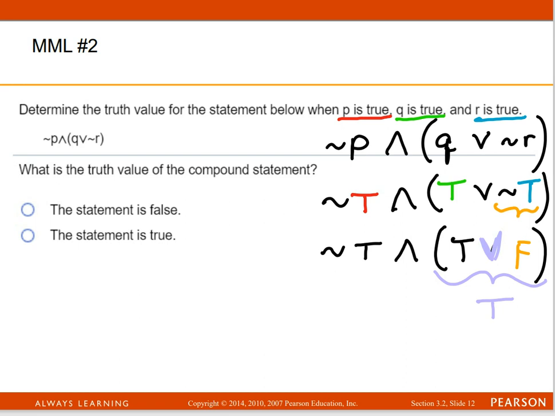Remember, on the or, the only time you got a false is when they were both false. This was that example of the little girl. Mom said, you can invite a kid from your class or a kid from the neighborhood, and she was trying to sneak somebody in from her baseball team or whatever. I don't remember what I said, but anyway, as long as one of them's true, then the whole thing is true.